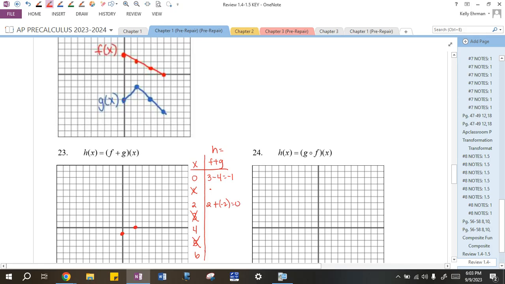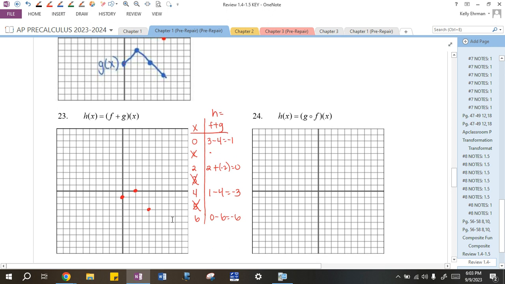Go to 4. That's 1 minus 1, 2, 3, 4. So that's negative 3. So plot 4, negative 3. And our last one is 6. That's 0 minus 1, 2, 3, 4, 5, 6. So plot 6, negative 6.